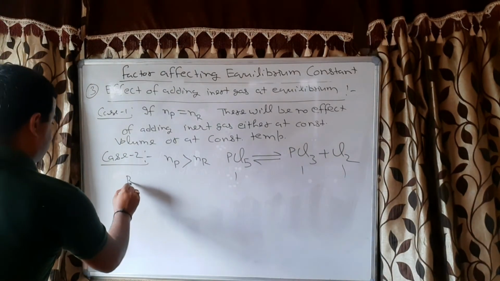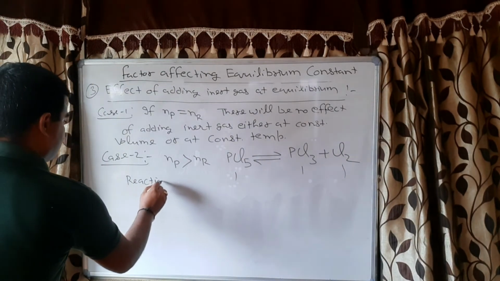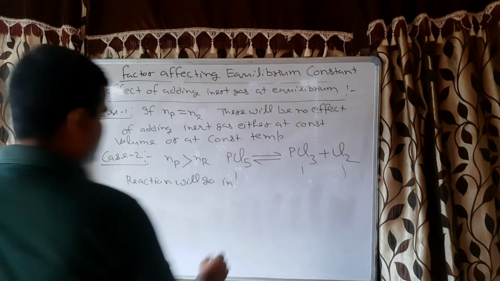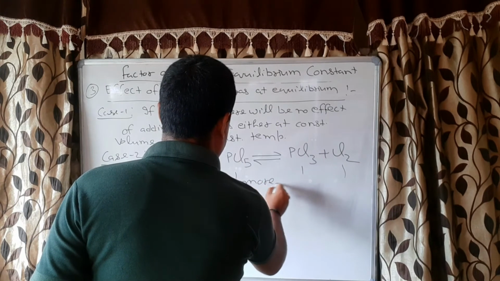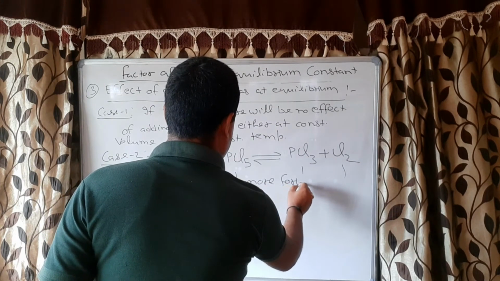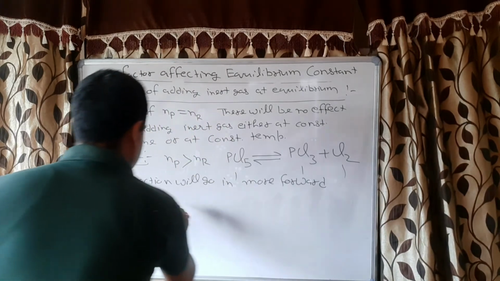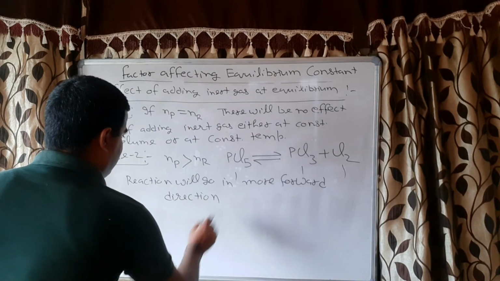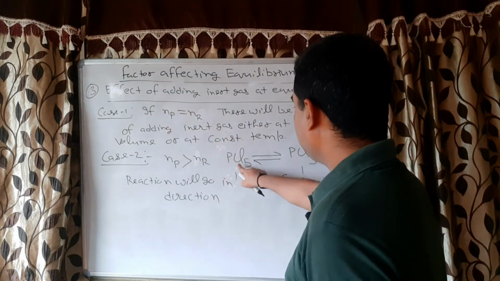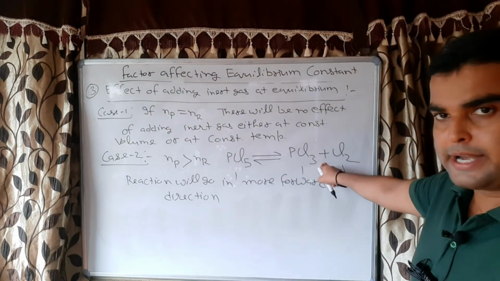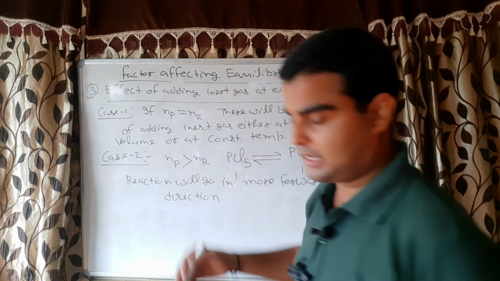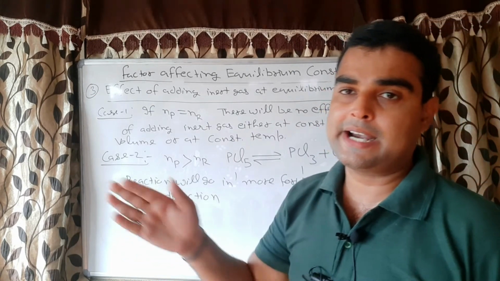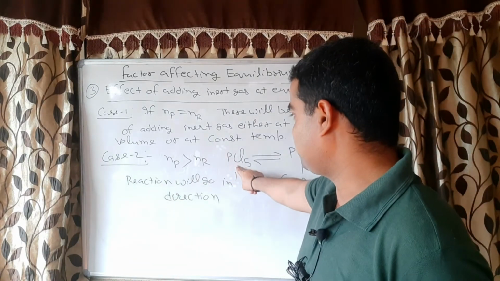So reaction will go in more forward direction, correct or not? More forward direction I will explain you. See, it is going in forward direction already when NP is greater than NR. When we will increase the concentration, how? By adding the inert gas, then concentration of reactant will increase.